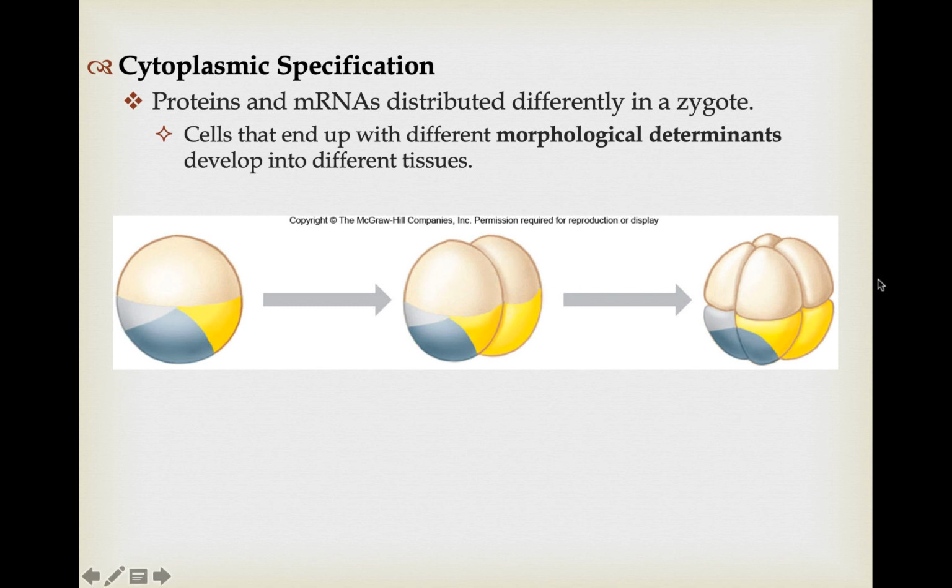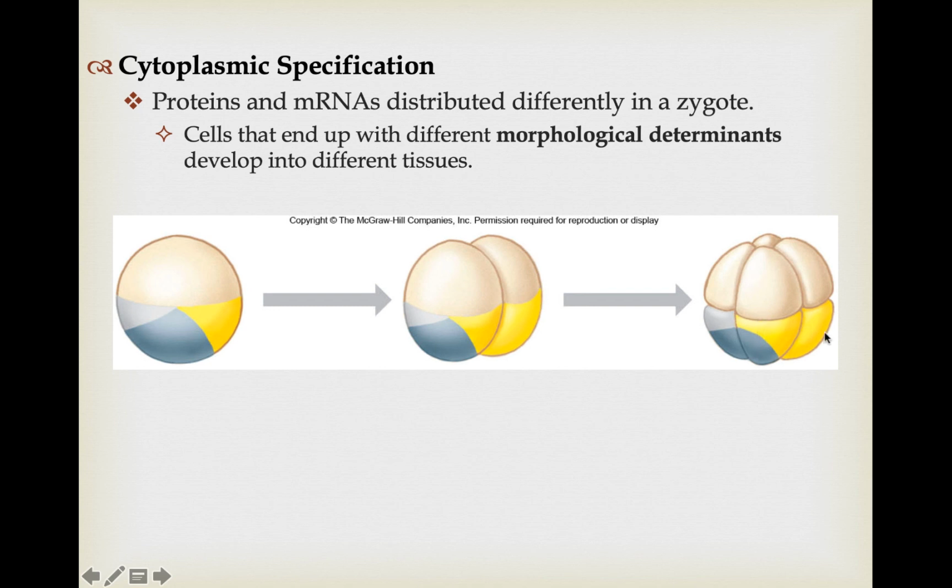As it divides, you see the cells being produced have different cytoplasmic specifications. They have different proteins and messenger RNAs. So this process is called cytoplasmic specification.